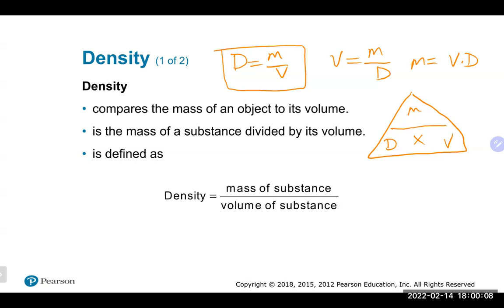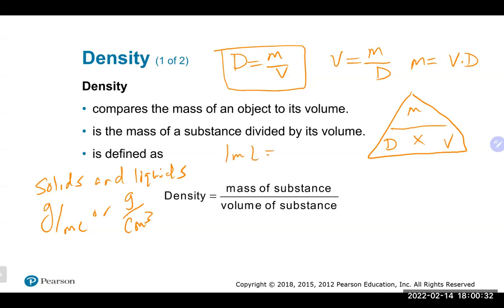Now, in terms of units for density, there are a couple of common units that we come across. For solids and liquids, the typical units are grams per milliliter, or grams per cubic centimeter. A reminder that a milliliter is the same thing as a cubic centimeter, so they're basically the same.